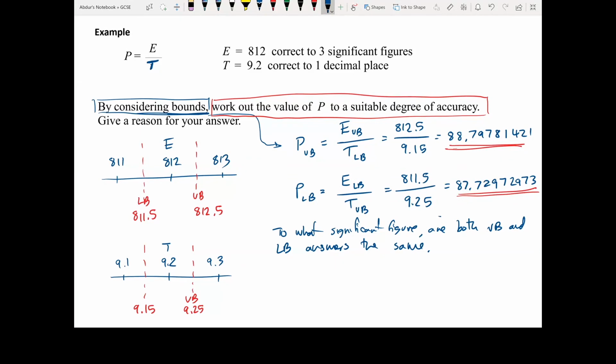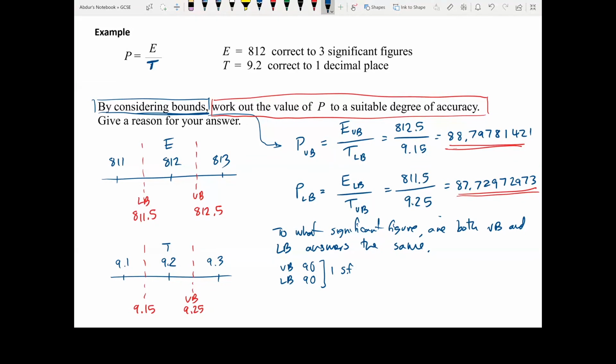If I round to one significant figure, my upper bound would be 90, and the lower bound, rounded to one significant figure, would also be 90. So to one significant figure, they are both the same.